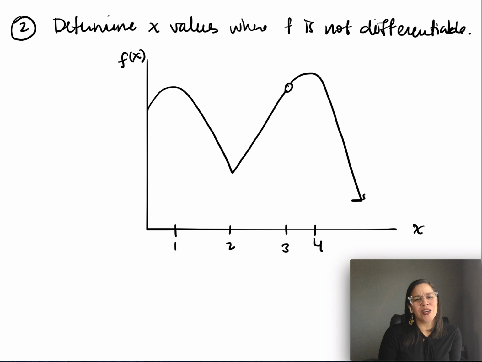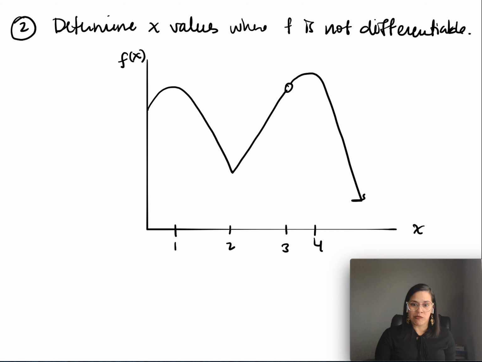So here I have my function, and the problem says determine x values where f is not differentiable. Now we know that the function has to be continuous. The function cannot have vertical tangent lines, and the function cannot have any corners. So, in other words, if there's a vertical tangent line, if there's a corner, if the function is not continuous, at those places the function is not differentiable.